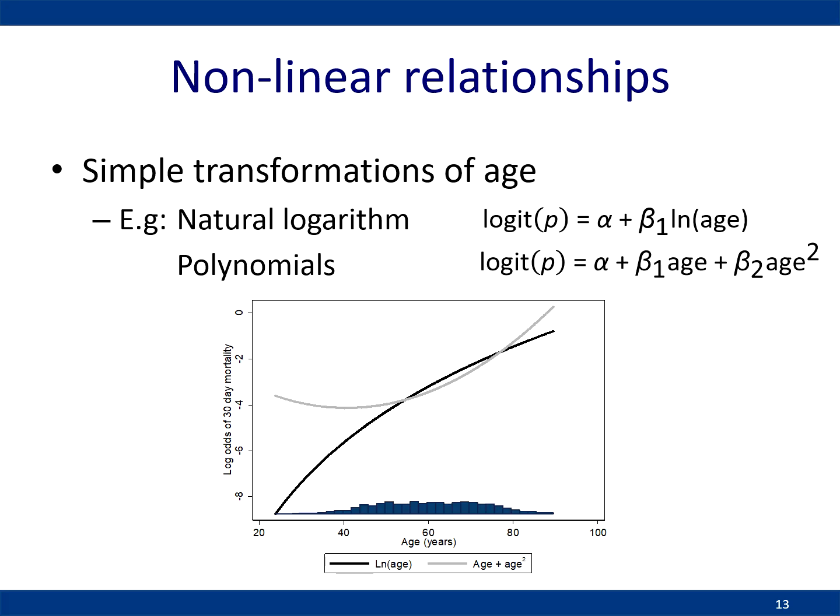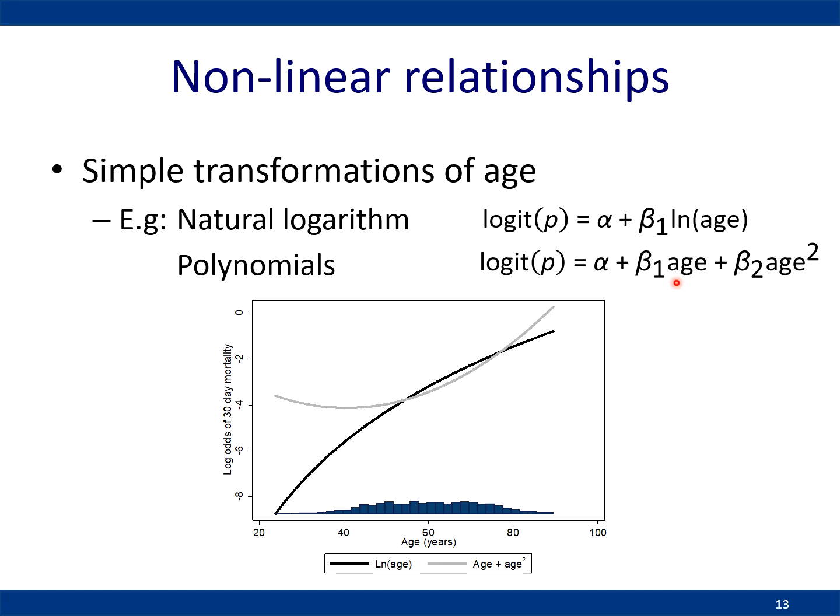So therefore, we consider nonlinear relationships, the simplest of which is simply to transform our variable. So some examples that are commonly used include using the natural logarithm. So here we fit log age instead of age, and we therefore assume that the relationship is linear between log age and log odds. And we can also include polynomial terms.